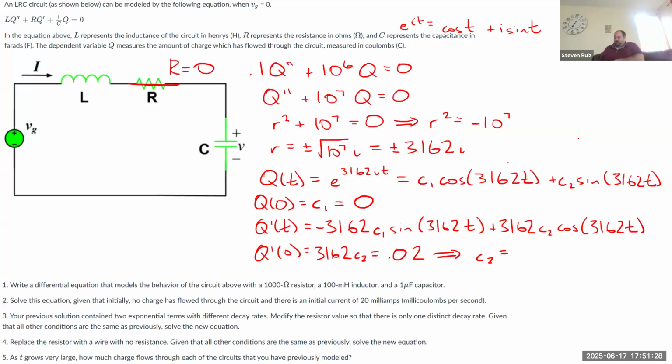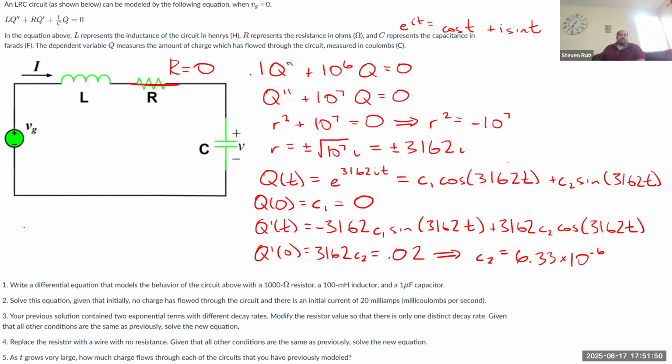So approximately 6.33 times 10 to the negative 6.